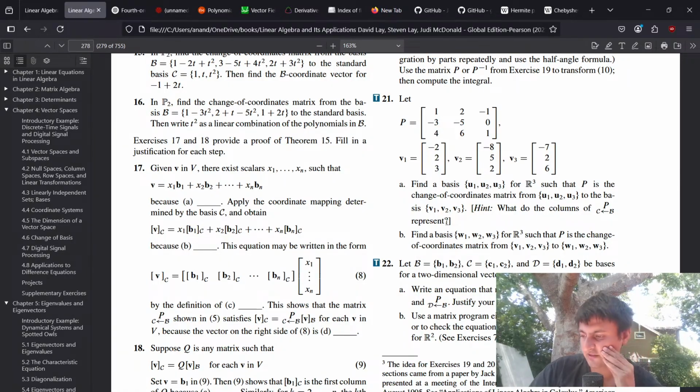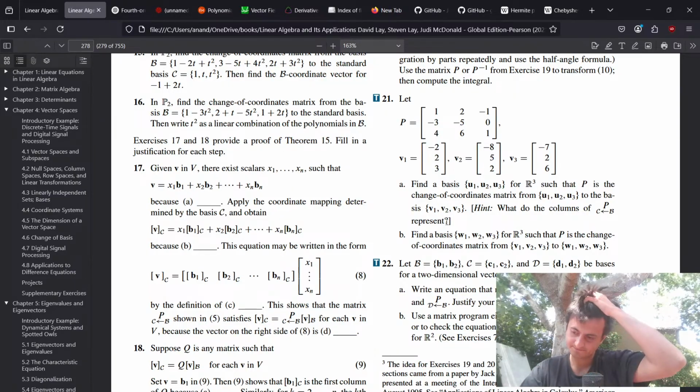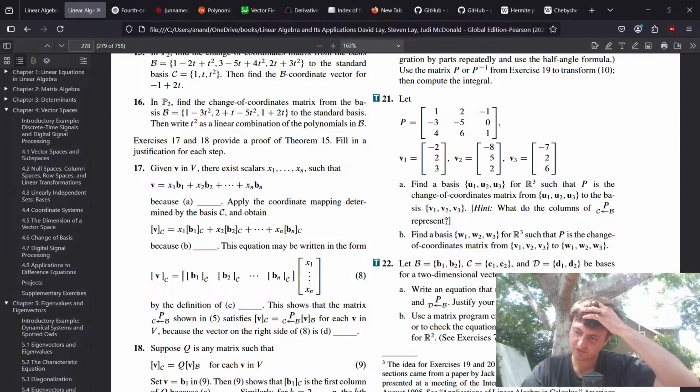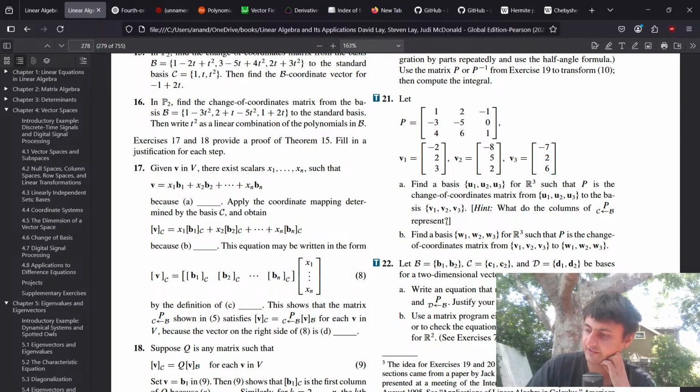Which means that this column represents a linear combination of V. So each column of P represents a linear combination of these basis vectors.